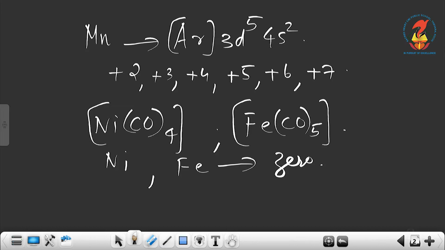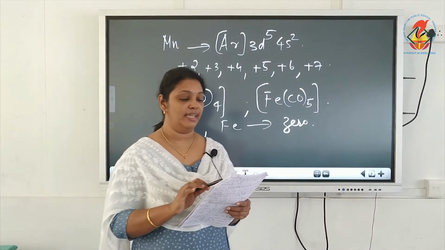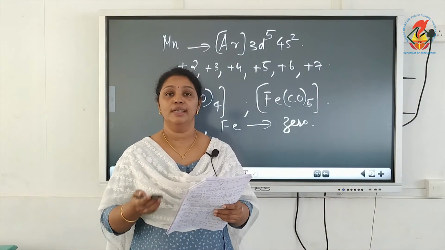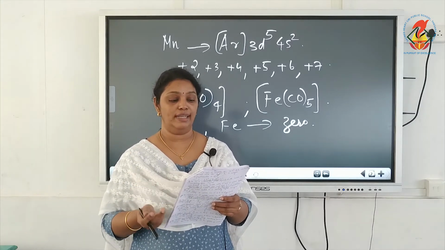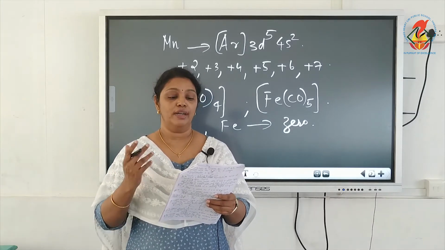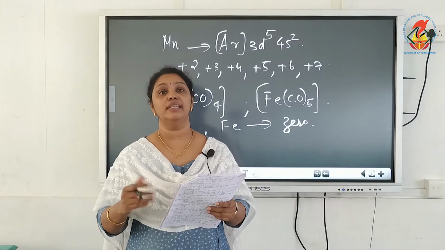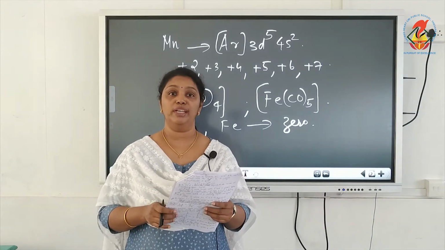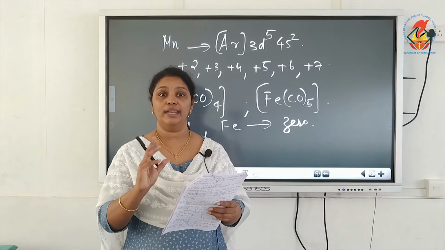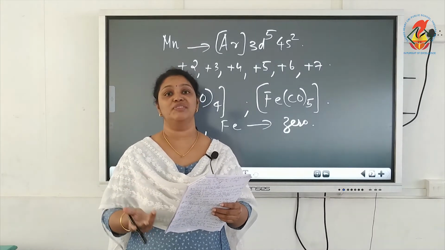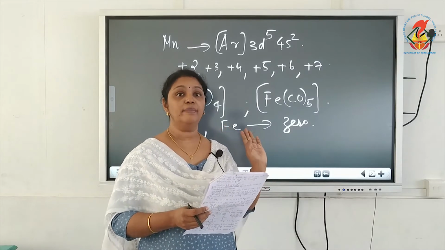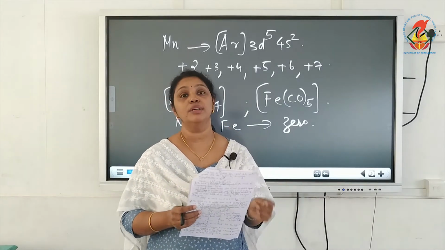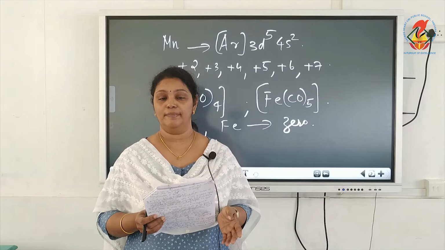Now, why do they show zero oxidation state in metal carbonyls? Because the ligand, that is the carbon monoxide ligand, is capable of pi acceptor character in addition to sigma bonding. So, the central atom, which is a transition element, can show zero oxidation state.